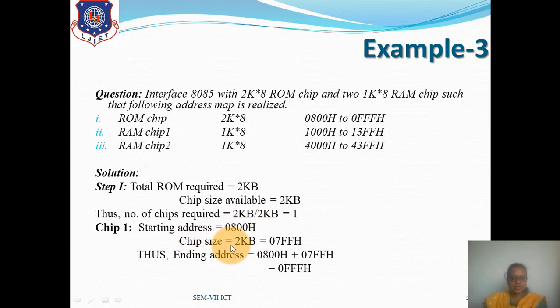As per 2 KB, when we implement this in the address bus, it will have 07FFH in the memory map. So the ending address will be the starting address plus this chip size, 0800H plus 07FFH. Adding, 0 plus FF is FF, and 8 plus 7 is 15, which in hexadecimal is F, and here it will be 0. So the ending address will be 0FFFH.